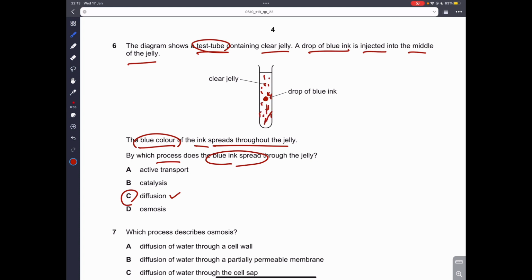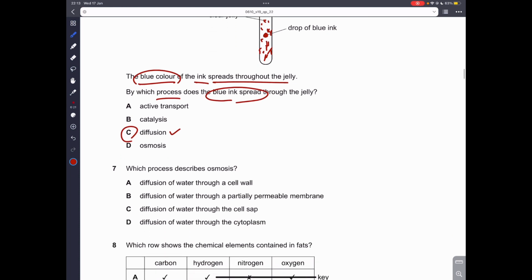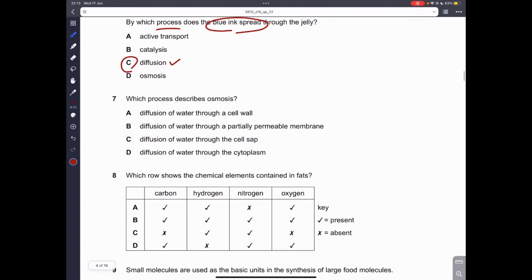It's basically the same analogy as when you spray your perfume. When you spray your perfume, the perfume is going to diffuse into the air from a region of high concentration to a region of lower concentration. That is something that you have to remember.